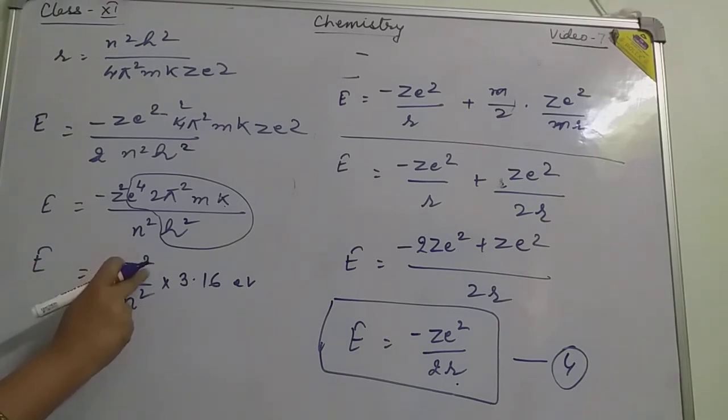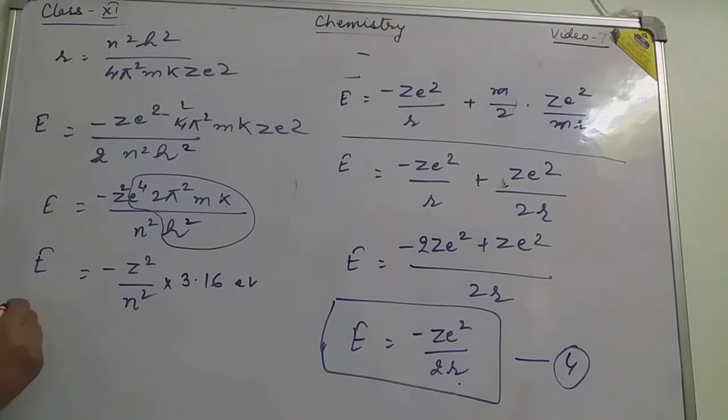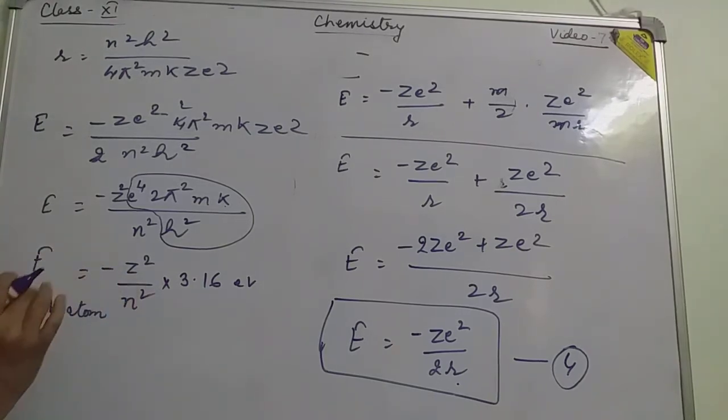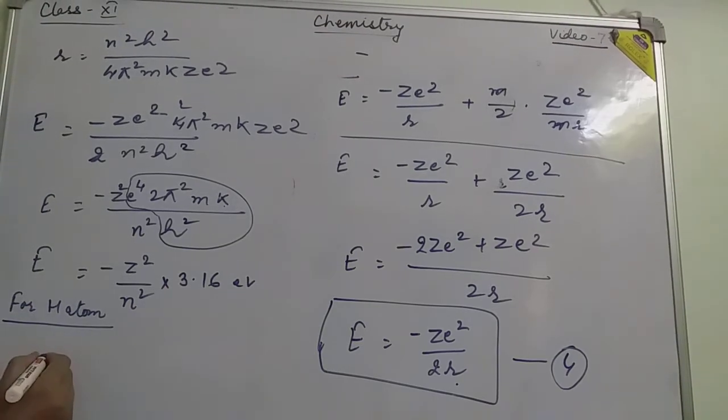E is directly proportional to Z square and inversely proportional to n square. These calculations are given by Bohr, and according to Bohr, he used the hydrogen atom or single electron system for the calculation. For hydrogen atom, Z equal to 1, and for the first shell, it is minus 13.6 electron volt.